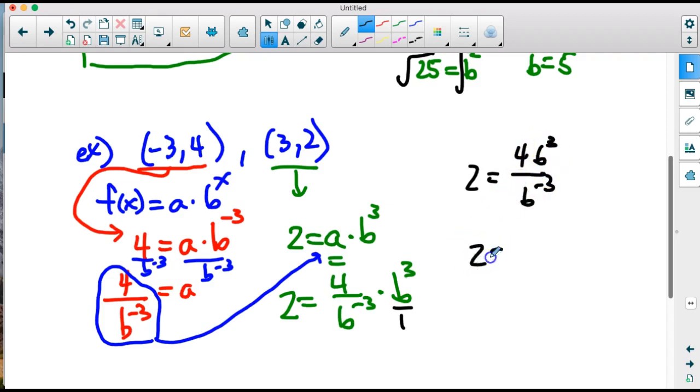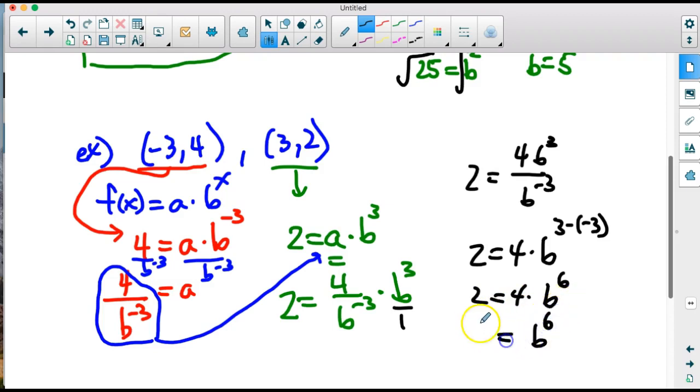So it's going to be 4 times b to the 3 minus negative 3. Those are the exponents, 3 minus negative 3, so we get b to the 6th power times 4 equals 2. I'm going to divide by 4, so I get b to the 6th equals 2 divided by 4, which is 1/2. And then I'm going to need to take the 6th root of that.